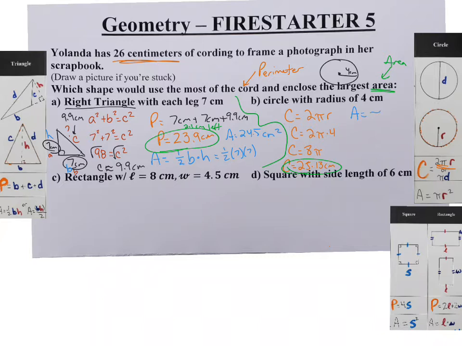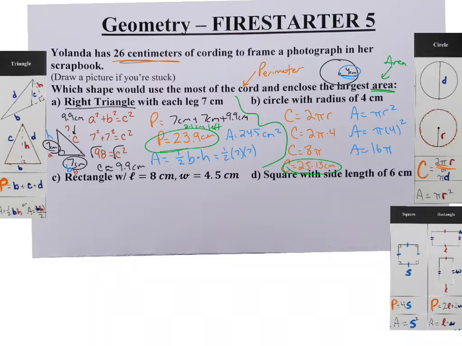The area is equal to pi r squared. Remember, r is 4, so my area is equal to pi, and instead of r, I put 4 because that's the radius. So my area is equal to 16 pi. Now I'm going to put that in my calculator just for comparison purposes, and I'm going to get 50.27.